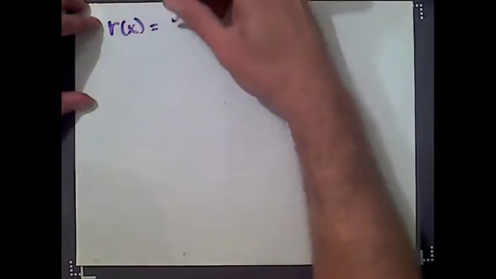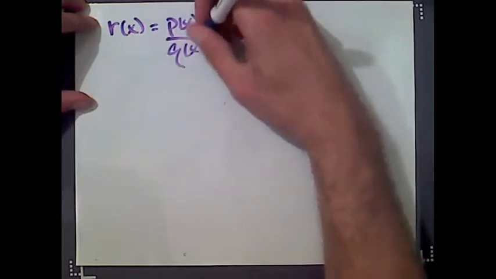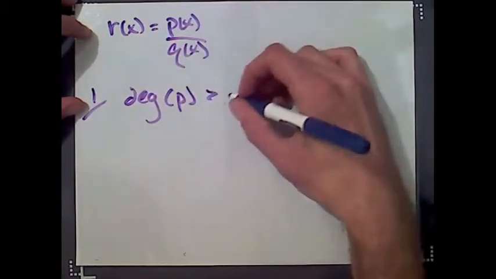When considering limits of rational functions as x goes to plus or minus infinity, there are three cases. And these have to do with the degree of p and q. So again, r of x is of the form p of x over q of x. The first is when the degree of p is bigger than the degree of q.